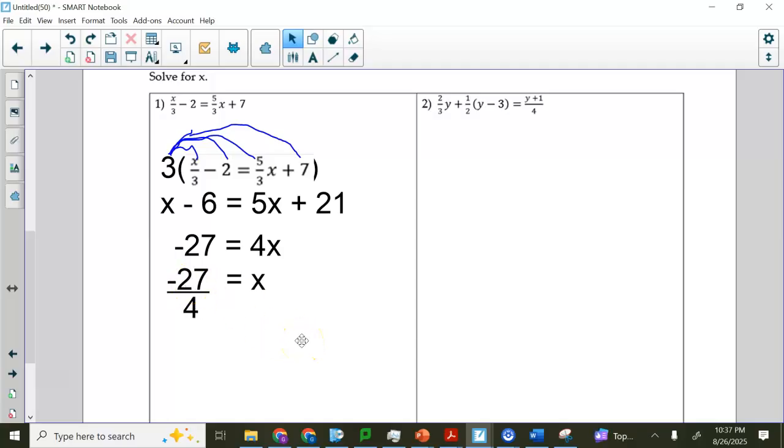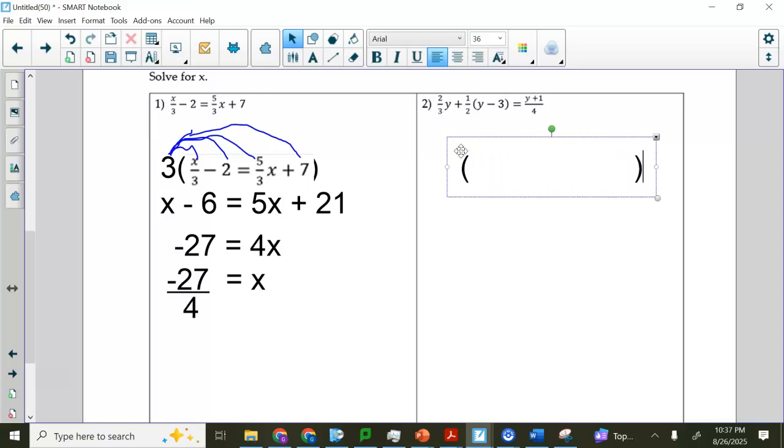All right, for number 2, this one's a little bit trickier. We need to figure out what we should multiply this whole problem by to get rid of all 3 of the denominators at the same time. So right now we have denominators of 3, 2, and 4. So think about what we can multiply by to get rid of those denominators.